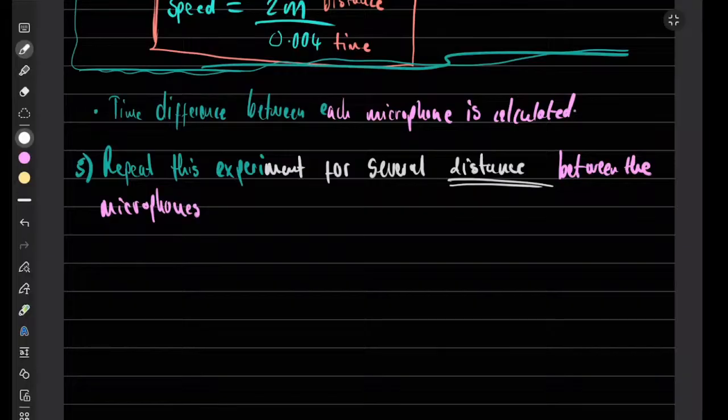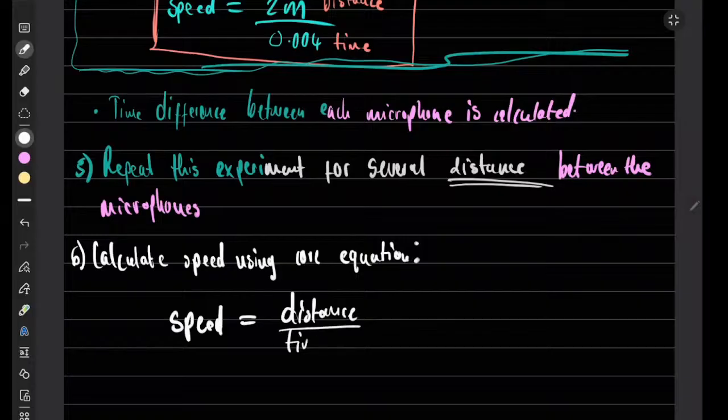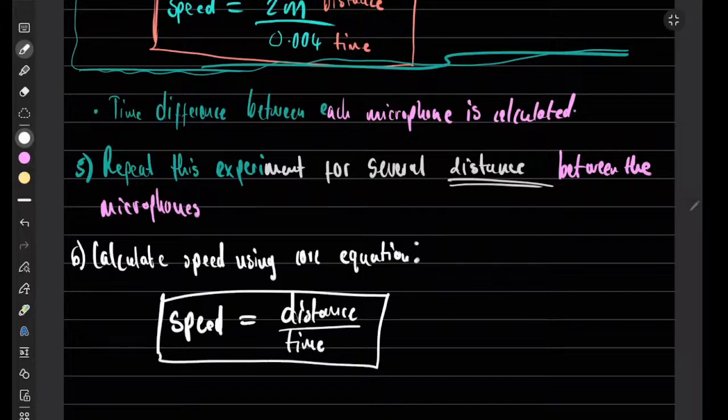You measure the time difference, then you calculate the speed. I can even put it as number 6: calculate speed using the core equation. What is the core equation? Speed is equal to distance over time.